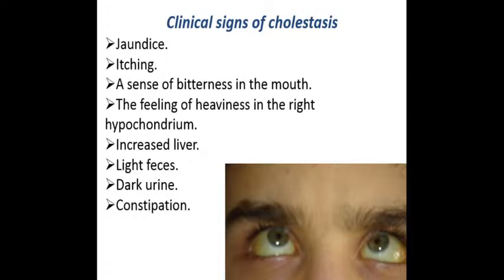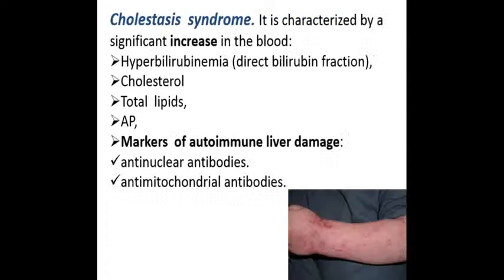Clinical signs of cholestasis: it is jaundice, it is itching, a sense of bitterness in the mouth, feeling of heaviness in the right hypochondrium, increased liver, light feces, dark urine, constipation.